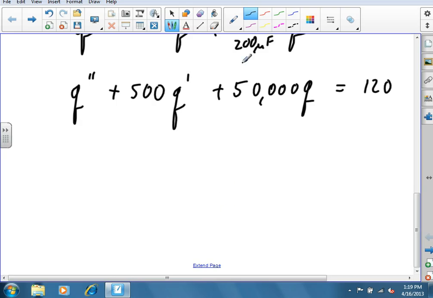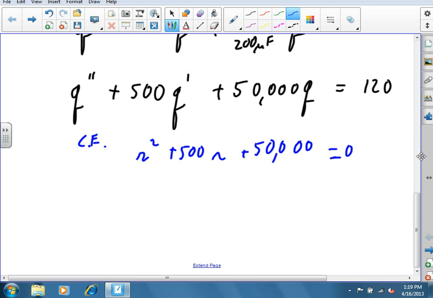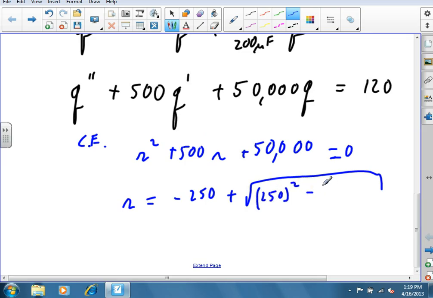But I do have a characteristic equation. r squared plus 500 r plus 50,000 is 0, and I'm not sure I can factor that, so I'm going to say r is equal to minus 250 plus or minus the square root of 250 squared minus 50,000, divided by 1.